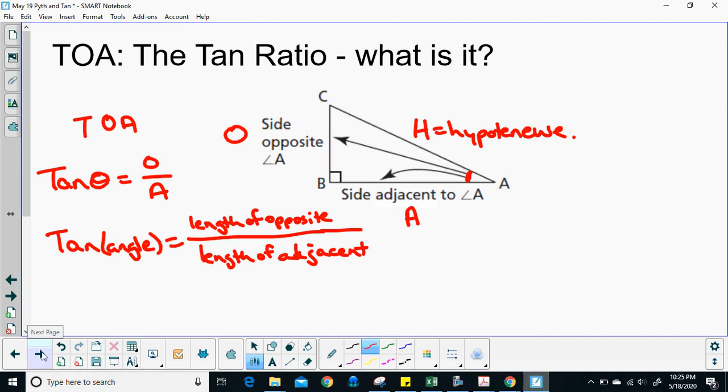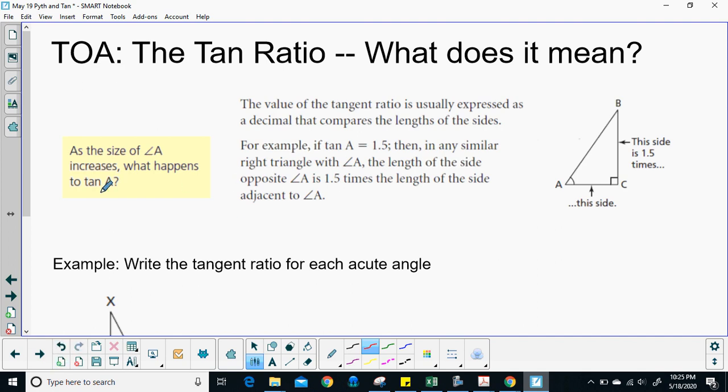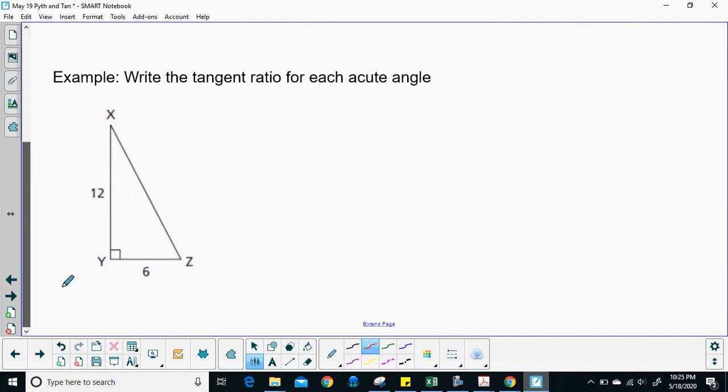So let's put this into effect here. So let's write the tan ratio for this acute angle. So if I look at x, if angle x is what I'm interested in, then that means my opposite side is all the way over here. My adjacent side is touching over here.